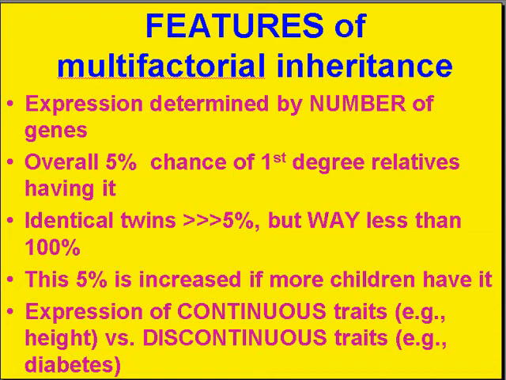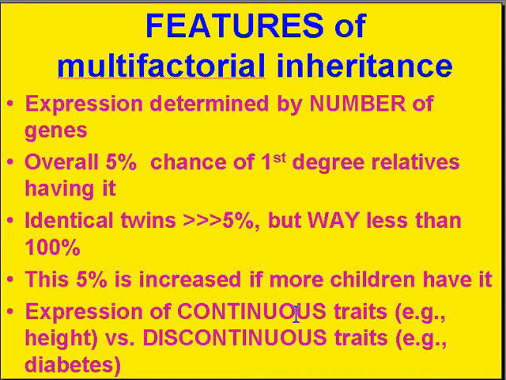Remember, we're talking about soil, not genes. But if you do have first degree relatives that have it, then your chances of other relatives having it is also more than 5%.